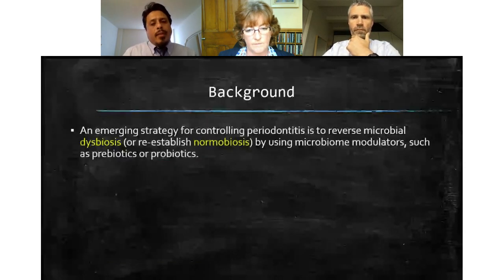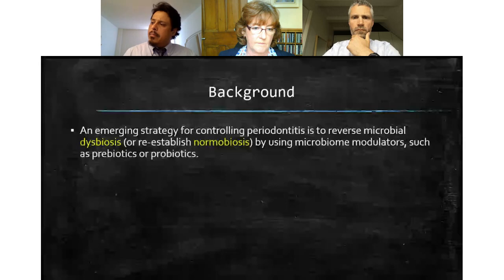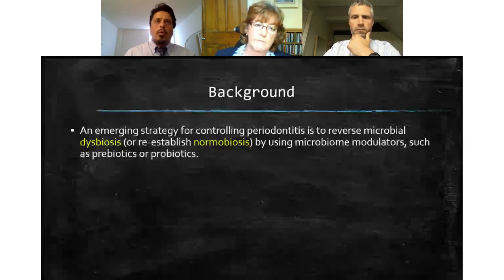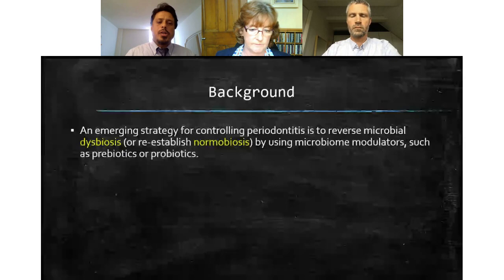So the primary etiological agent is an imbalanced microbial community below the gum. Although classically periodontitis has been controlled or treated using mechanical debridement, so mechanical removal of dental biofilm, with these emerging concepts of dysbiosis and normobiosis, an emerging strategy for controlling periodontitis is to reverse microbial dysbiosis or reestablish normobiosis by using microbiome modulators such as prebiotics and probiotics.